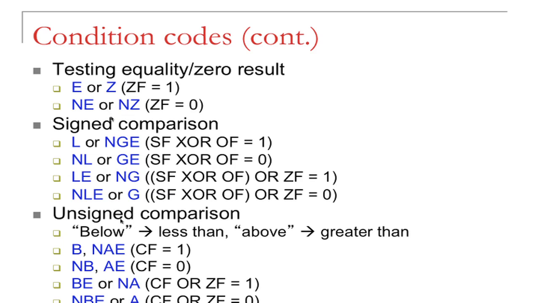We also have unsigned comparison, for example, below or not, above or equal, and these set of opcodes for unsigned comparisons. You don't have to remember these condition codes or their corresponding flag bits. We will provide you a list if you will be later tested on the exam to use these condition codes.